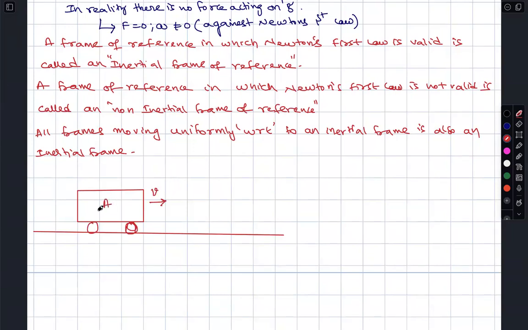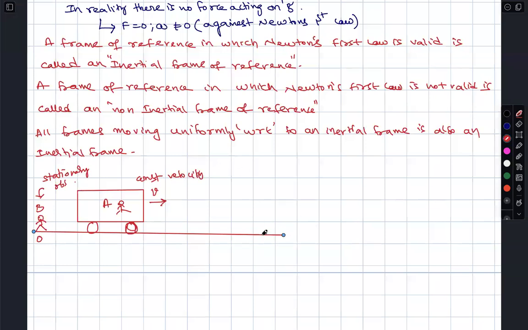Let this be A. And there is a stationary observer at O. Let him be B. He is a stationary observer, and he is an observer moving with constant velocity.